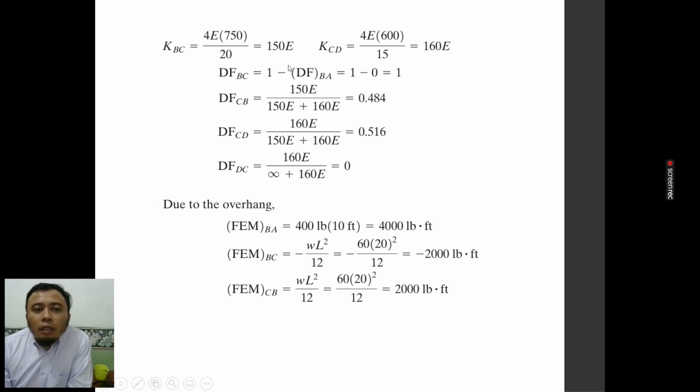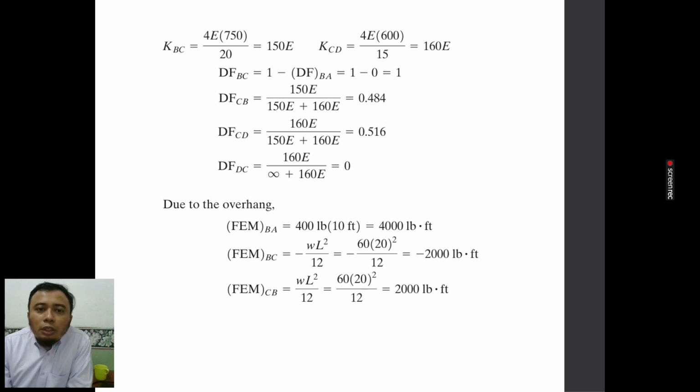And then you can start calculating your distribution factor. For distribution factor at joint B, towards C, DFBC, from B to C, the value is 1 minus DF from B to A, which is 1 minus 0, equal to 1.